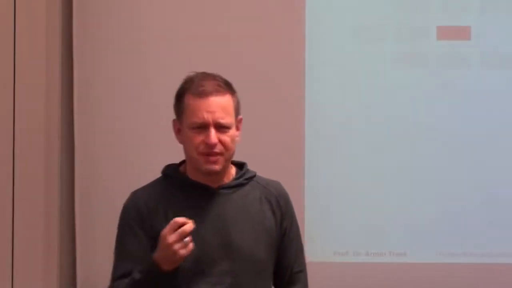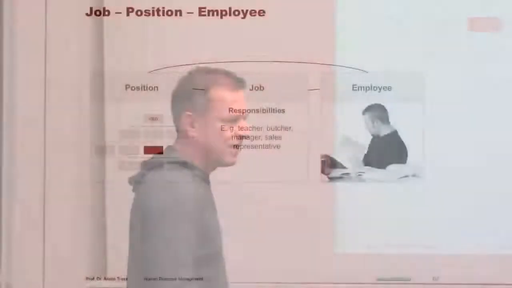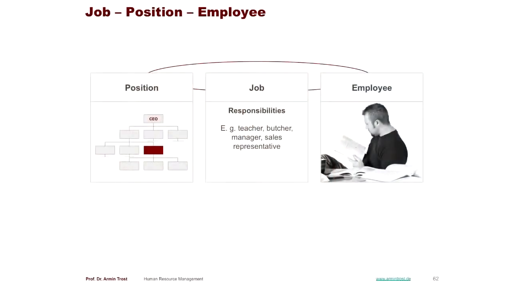What is a position? Let's put it simply, a position is simply a box in the org chart. It's located somewhere. Most professors in Germany have the same job because they have the same responsibilities. So a job is something qualitative. It's something abstract.